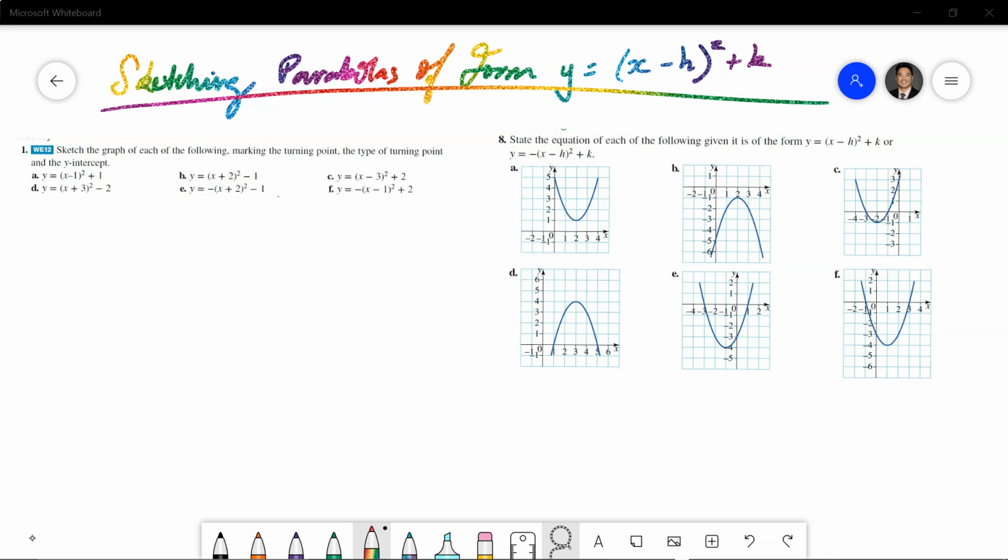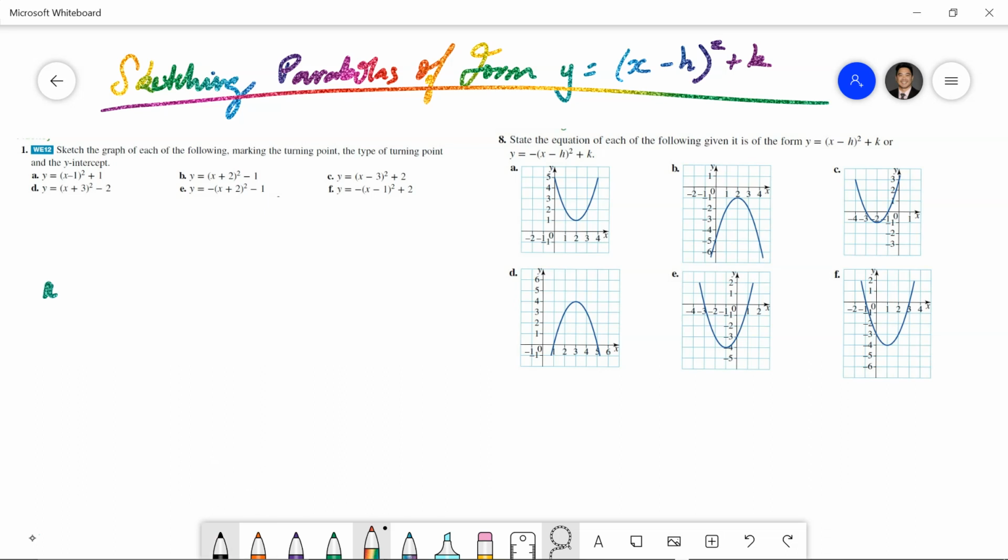We've added another component again, and we're just going to look at what changes it makes to the equation or to the parabola. Again, just a recap, we've looked at how we put a coefficient of x squared, and how that changes it, positive or negative.